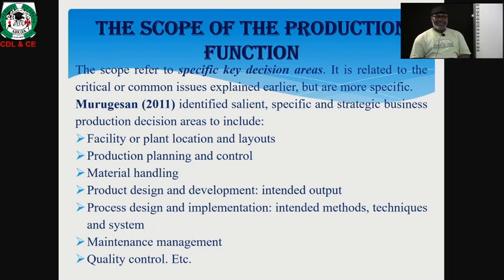Another very key area of the production function is maintenance management. This is one very critical area where most business persons fail. We do not have the necessary skill for maintaining the resources of the organization, particularly the equipment.